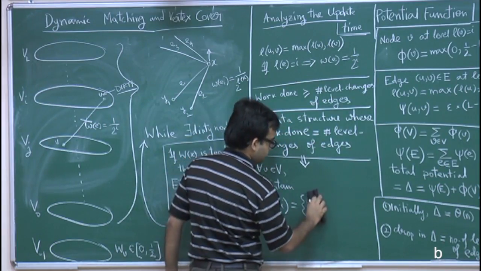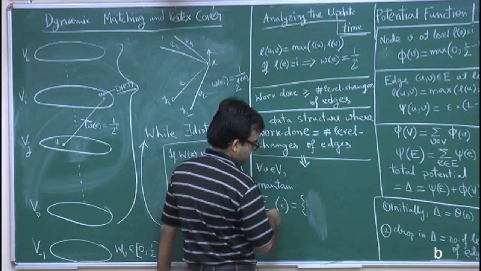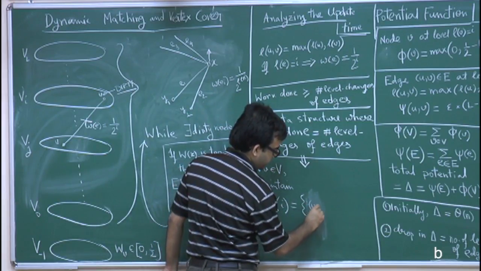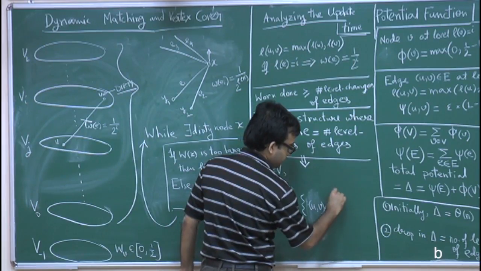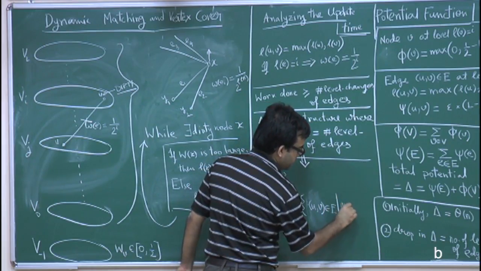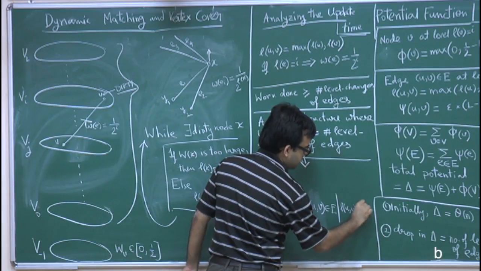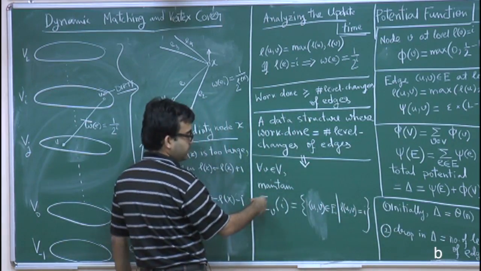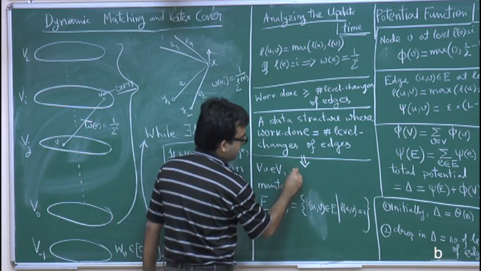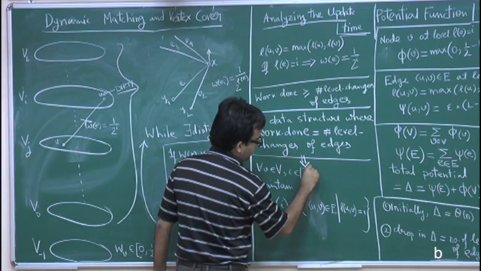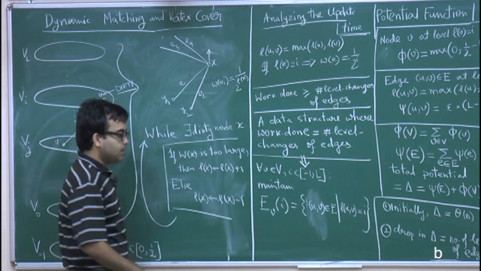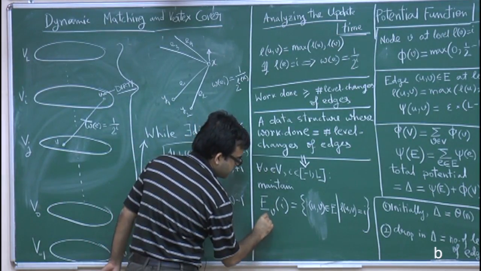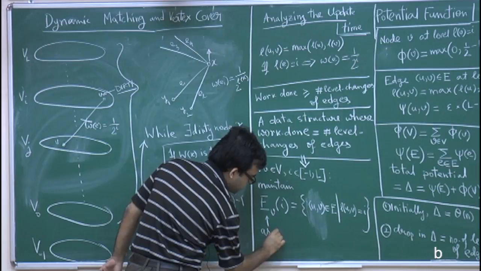So, E_v(i) is just the set of edges that are incident upon v whose level is i, and maintain this thing for every node v and for every level i from -1 to L as a doubly linked list.